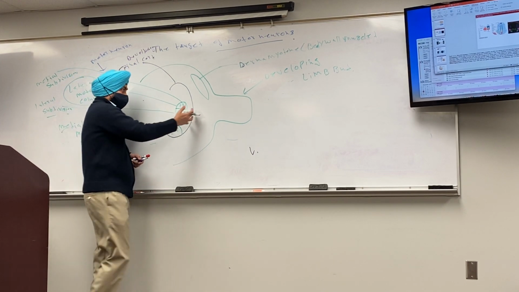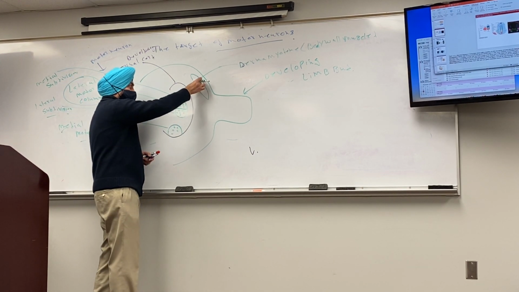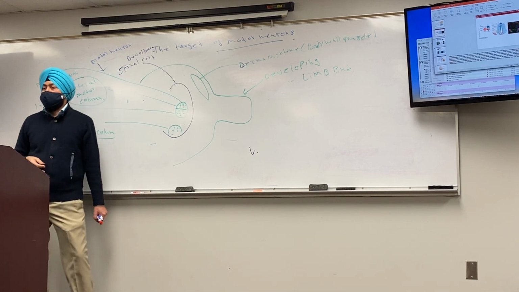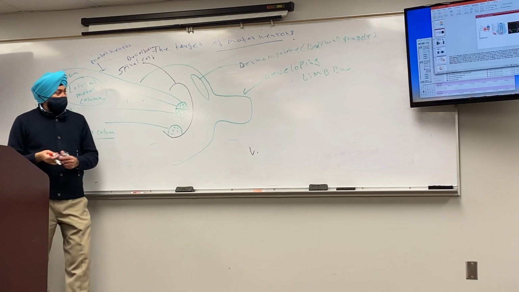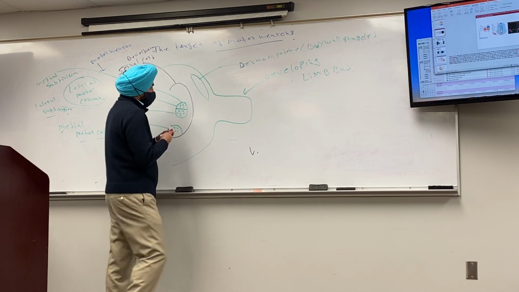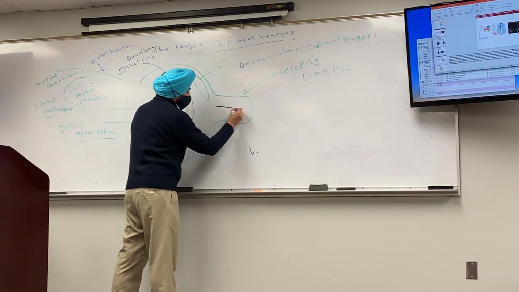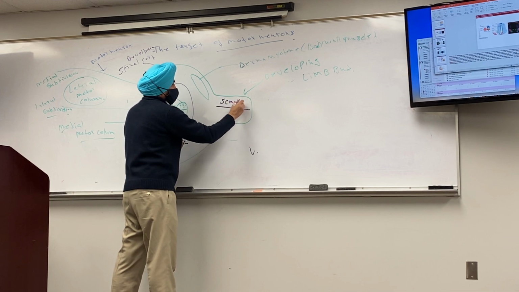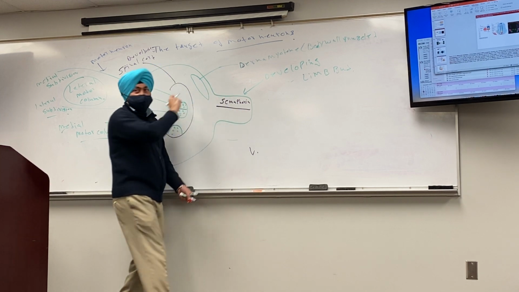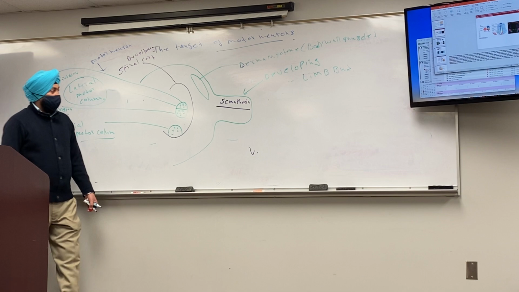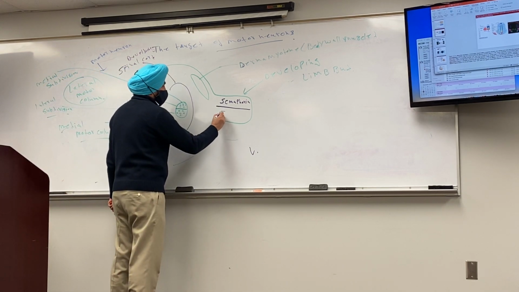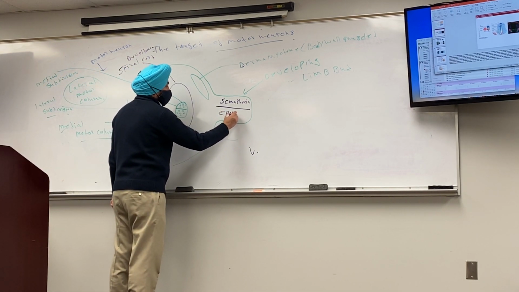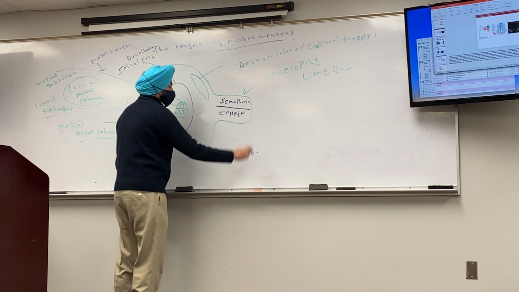This area is producing trophic factor, and this area is also producing trophic factor. But right here on this side of the limb bud, semaphorin is produced, and on this side, ephrin is produced.